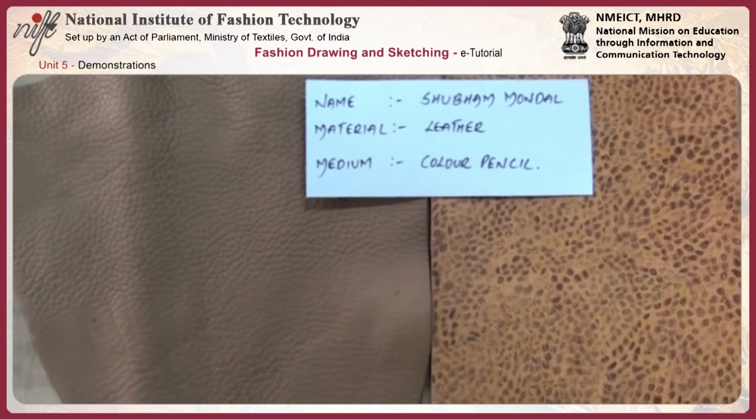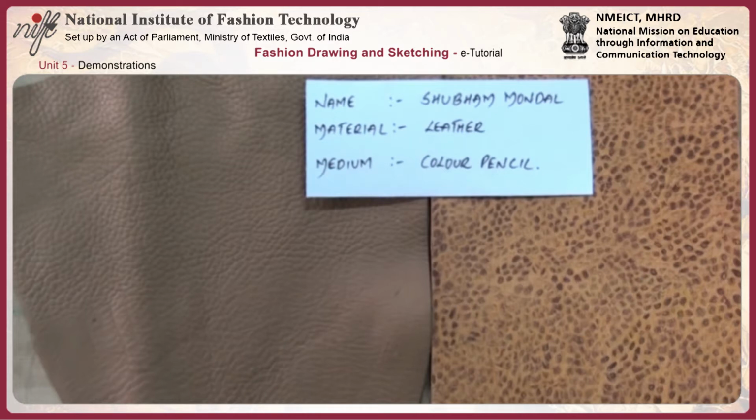Here you are watching the rendering of a leather piece using color pencil. As you can observe very clearly, this leather piece has texture as its main content.